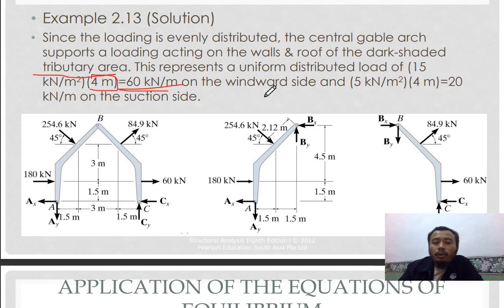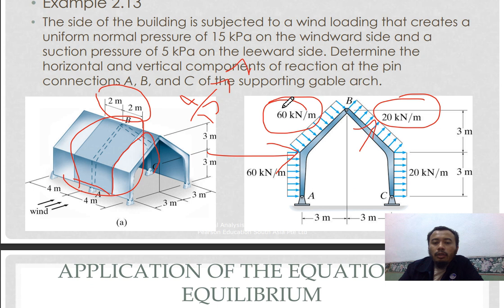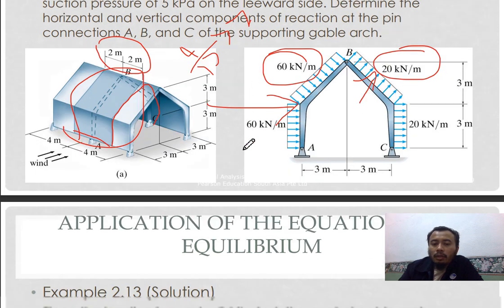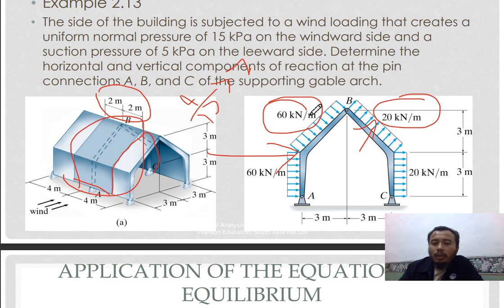What we're going to do with this uniform distributed load is to determine the peak load acting. For example, a distributed load of 60 kilonewton per meter acting from B to the midpoint.